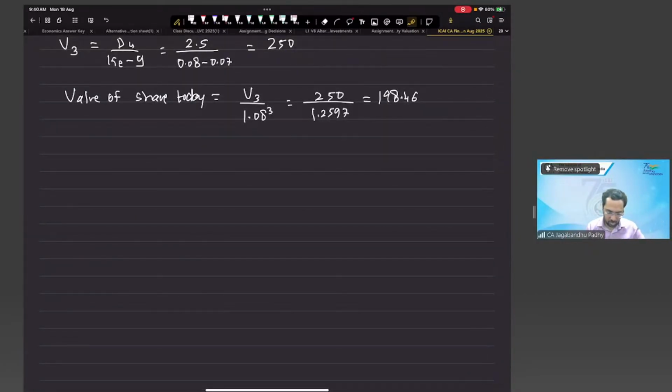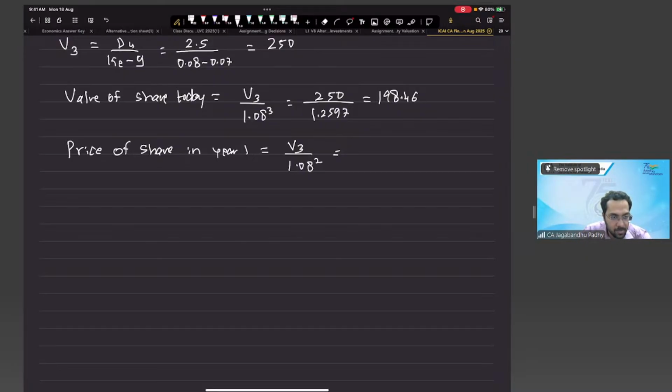So we have the value of the share today. What will be the price of the share in year 1? Can I say it's going to be the value in year 3 divided by 1.08, but raised to 2?